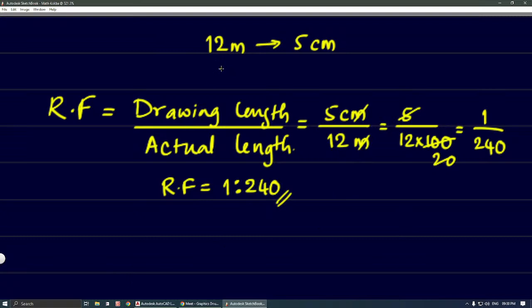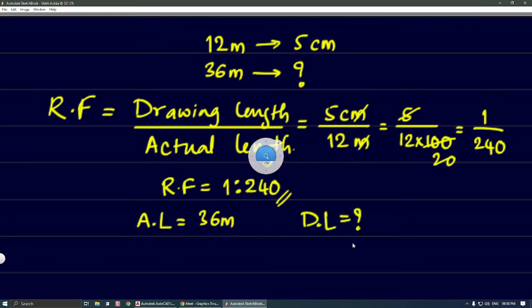Now let us say you are asked to find the drawing length of a larger value, let's say 36 meters. So 36 meters equal to how much? For this we know the actual length, AL, is 36 meters, and drawing length, DL, we are supposed to find.